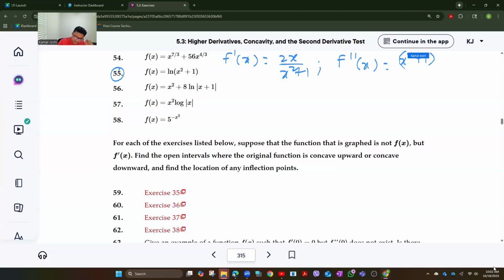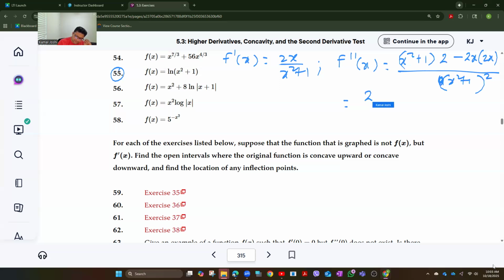Denominator times the derivative of numerator, which is 2, minus numerator 2x times the derivative of denominator, which is 2x, divided by x square plus 1 whole squared. Denominator squared. Simplified, 2x square plus 2 minus 4x square.